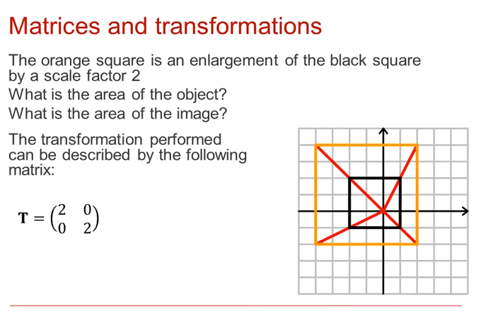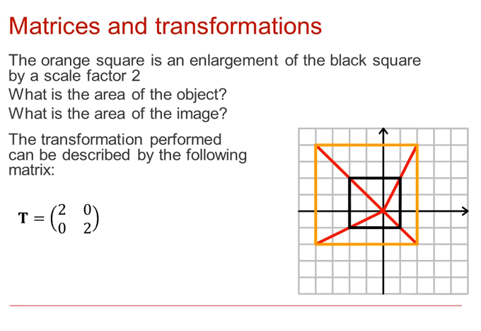Here is another example of a transformation, where the orange square is an enlargement of the black square by a scale factor of 2. In other words, the lengths of the sides have doubled. The area of the object is 9 squares, but the area of the image is 36 squares, which indicates an area scale factor of 4.